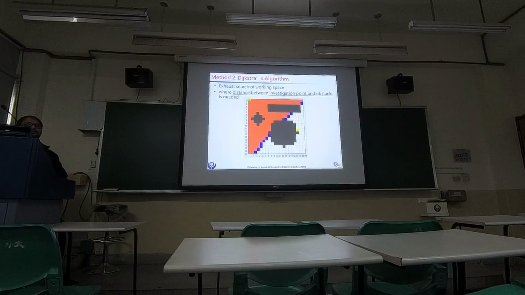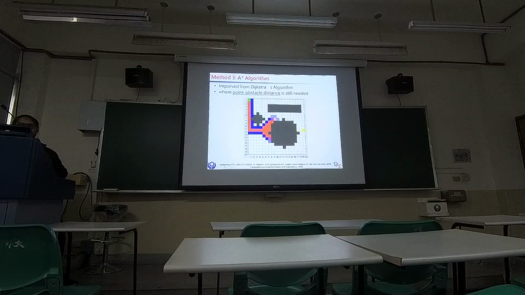So the next algorithm, A star, was introduced, which also gives a cost function of the node area. Here there is a heuristic cost function on the node, which is improved from the Dijkstra algorithm, and the whole space or whole surface is not used for the calculation.